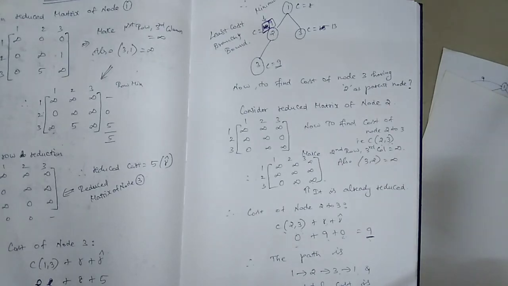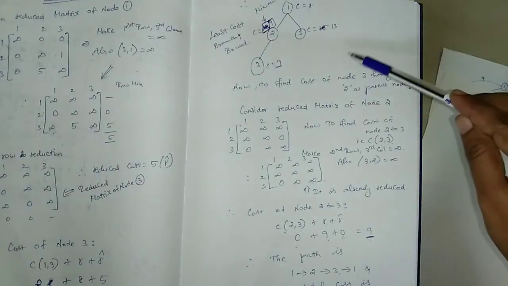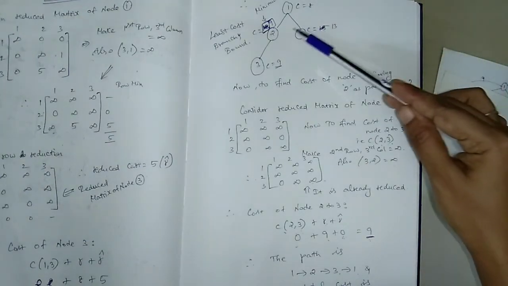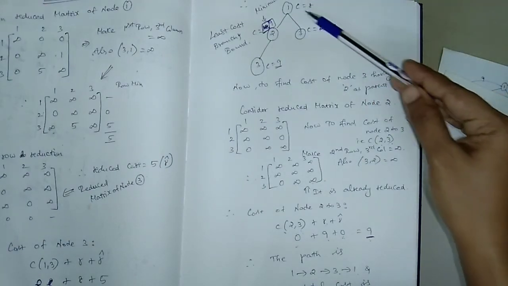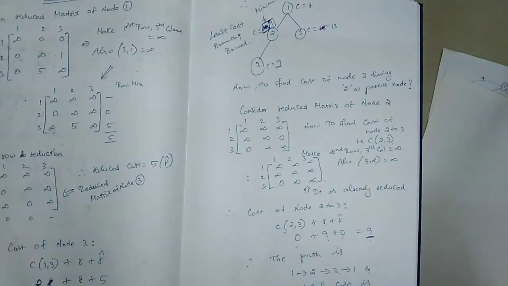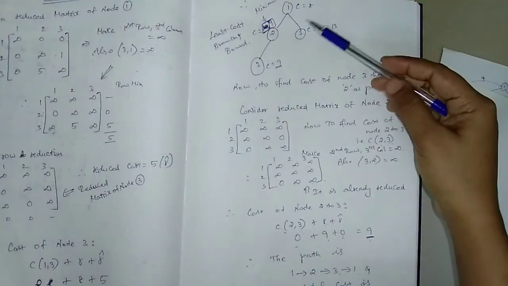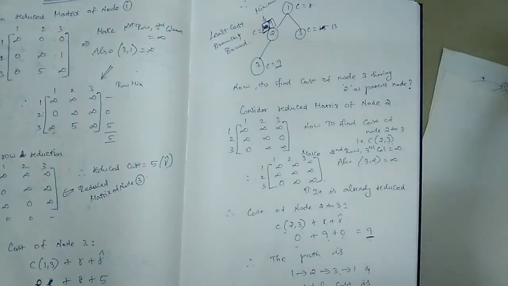So this is the traveling salesman problem using the branch and bound technique, where we focus on an optimization problem, and the process is done in a breadth first manner, whereas in case of backtracking, we find the solutions in a depth first manner and we focus on finding all possible solutions.